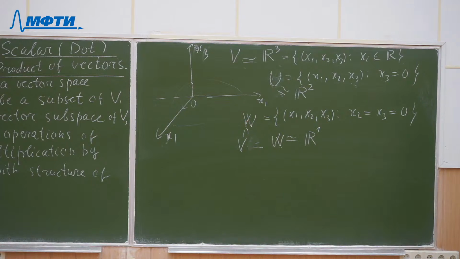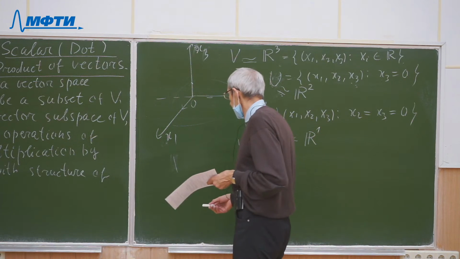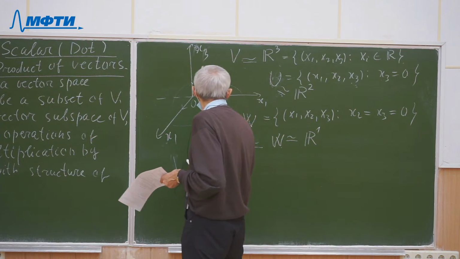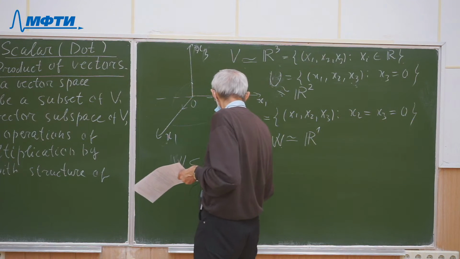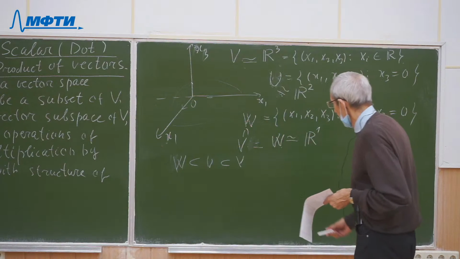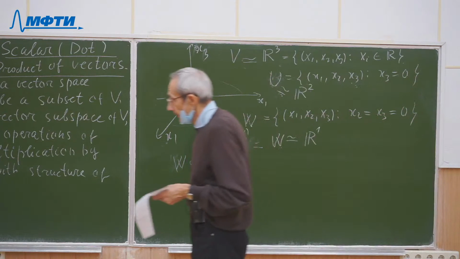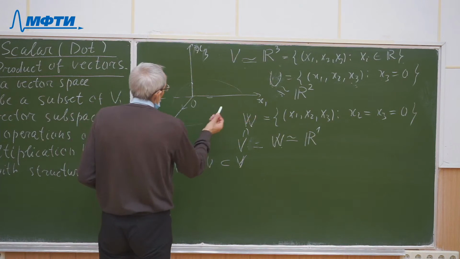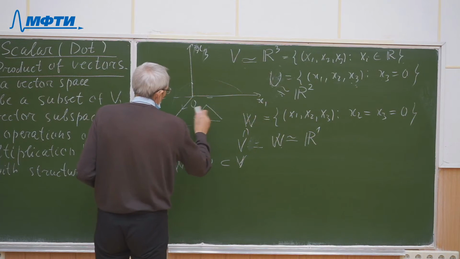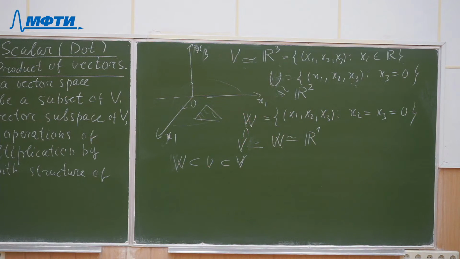It's a vector straight line. And we have the following inclusions: W is a subset of U and a subset of V. But if we consider maybe some triangles in the vector space, this triangle is not a vector subspace.